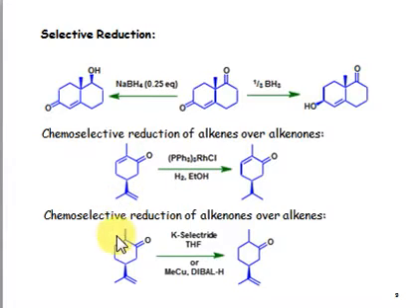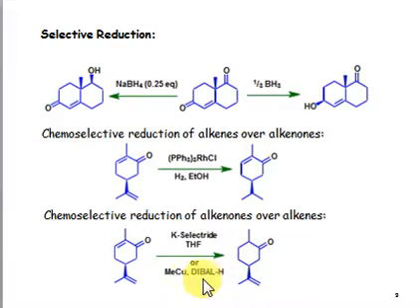Again we have this system, and now we are preferring to reduce the enone over the alkene, right? Then we have to use this reagent which is K-Selectride, solvent is THF, or instead we may use methyl cuprate in presence of diol, right?